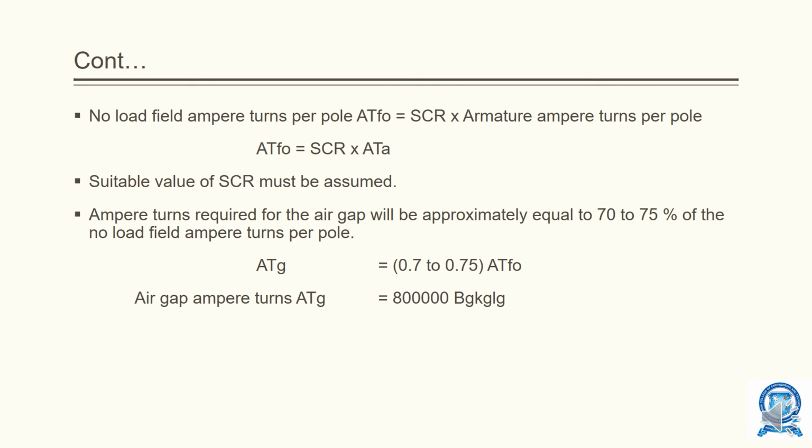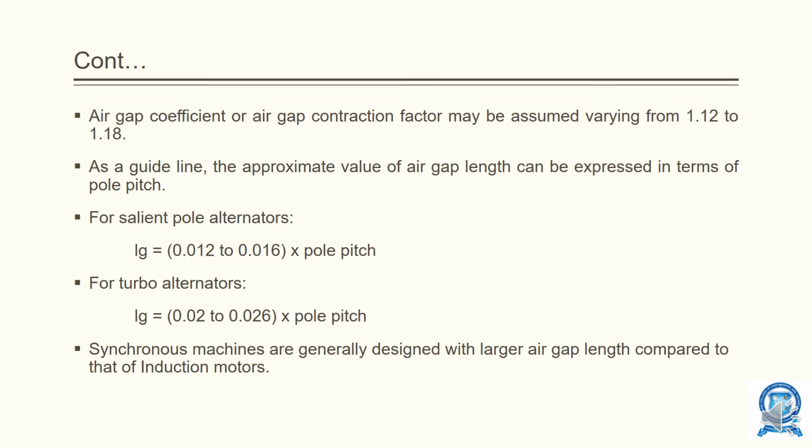By substituting the values, we'll be getting the value of length of air gap. So the air gap coefficient or air gap contraction factor may be assumed varying from 1.12 to 1.18. As a guideline, the approximate value of air gap length can be expressed in terms of pole pitch.